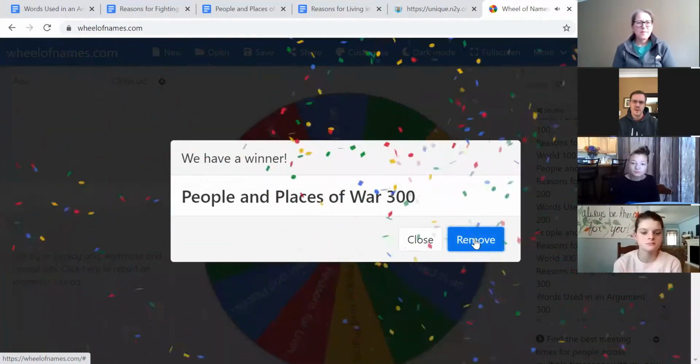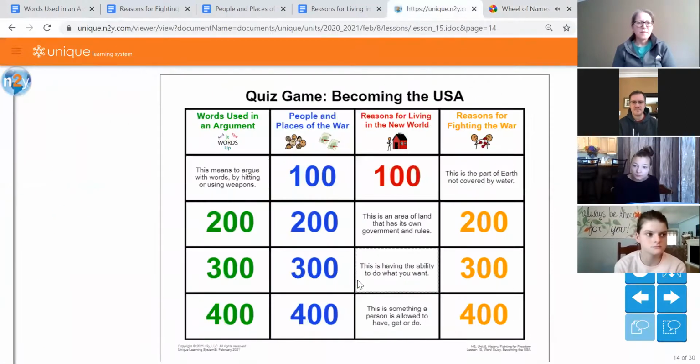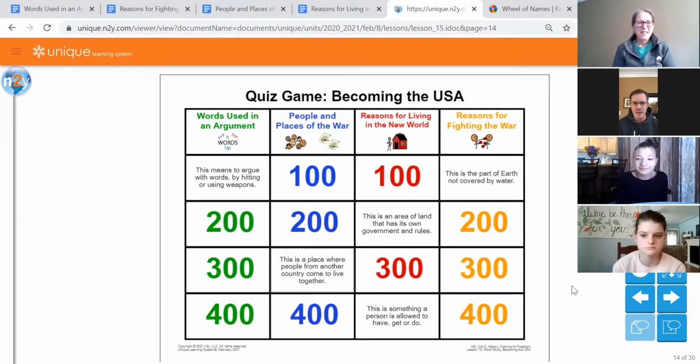People and places of the war, 300. Oops, wrong one. They switched up the colors on me after the first time. Here we go. This is a place where people from another country come to live together.